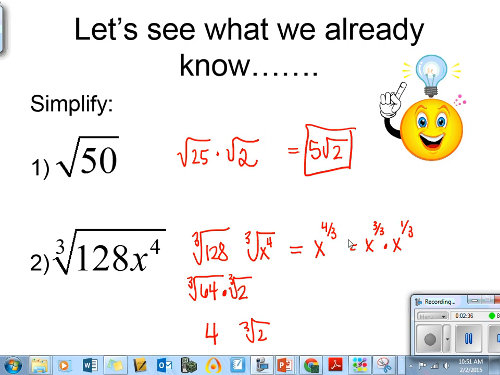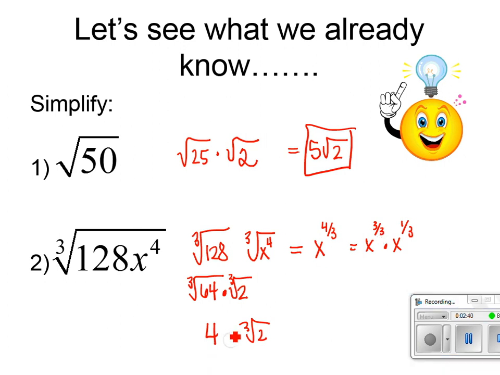Most definitely. And 3/3 turns into an x to the power of 1, and x to the 1/3 stays as the cube root of x. Since that's the same thing as the cube root of x, I can just add it right behind the 2, so I don't have to have 2 cube root symbols there. And that would be my answer.